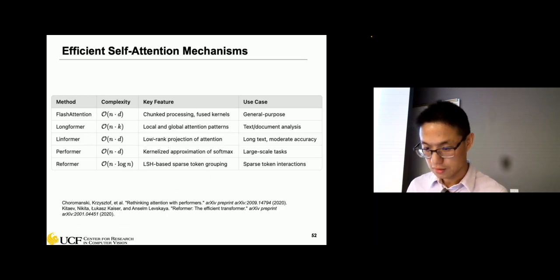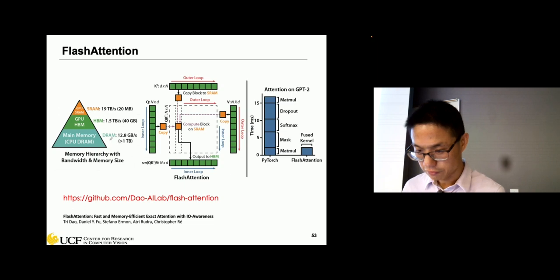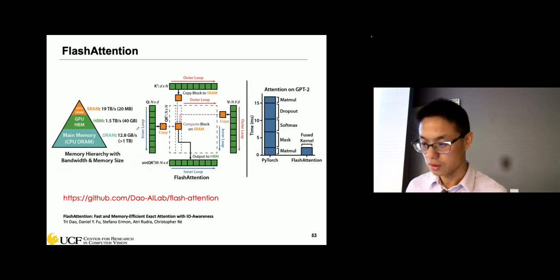Here is a table to summarize the different methods, like flash attention and Longformer, their key features, and their complexity compared to the original self-attention. Flash attention is actually used a lot, especially in modern generative AI, the GPT models.